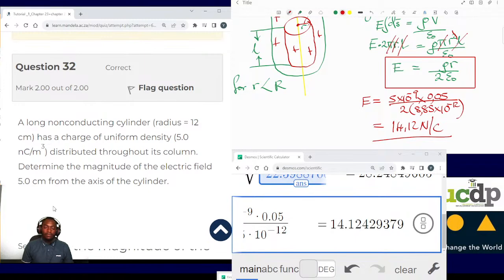All right, so there's a question there. It says, in the analogy that we have used, isn't the Gaussian surface supposed to be bigger than the charged cylinder?